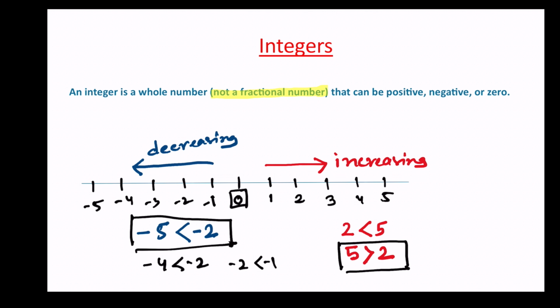But in the positive numbers, the more we go towards the right, the numbers are increasing. 5 is greater than 4 and 6 is greater than 5. But -5 is less than -4 and -6 is less than -5.